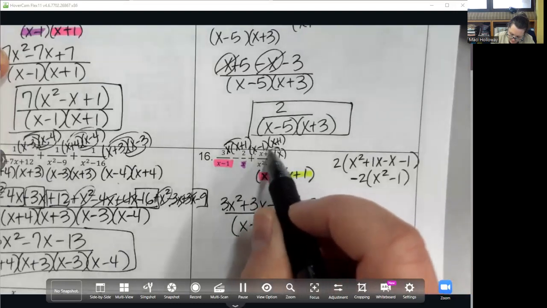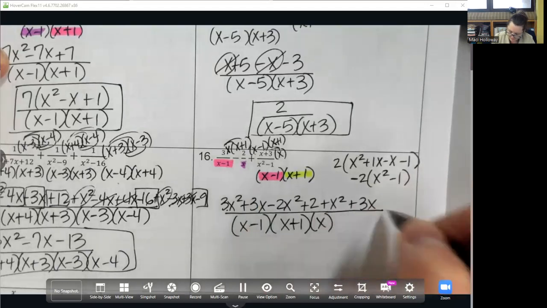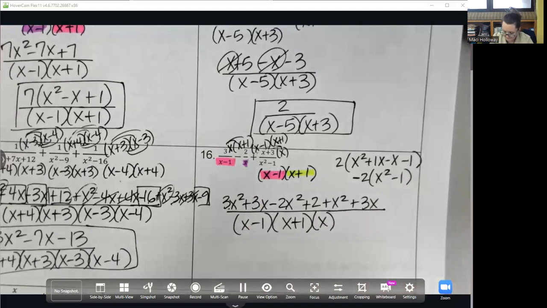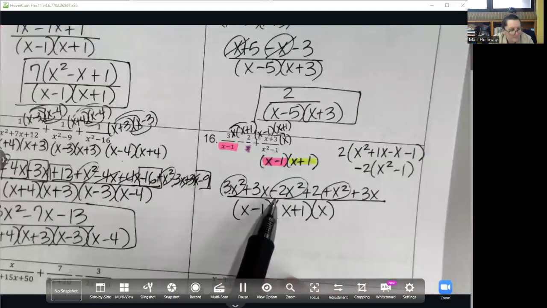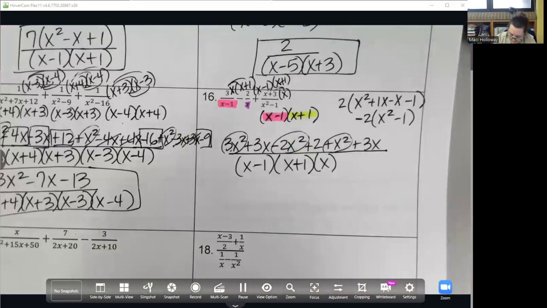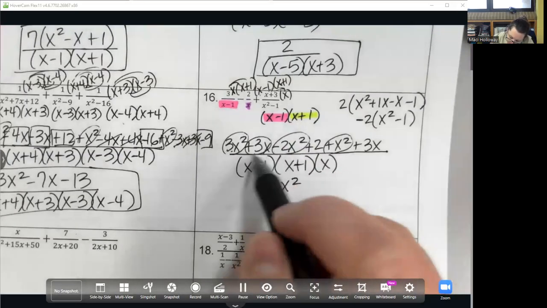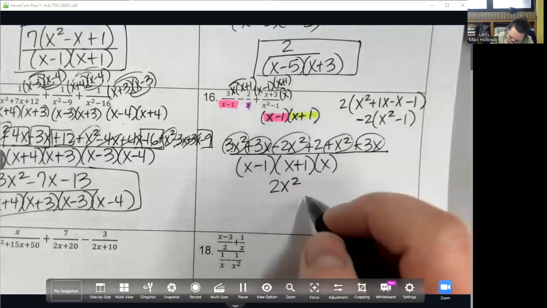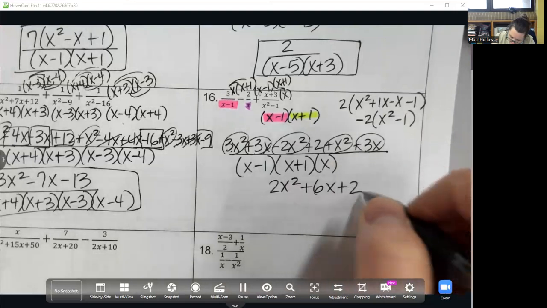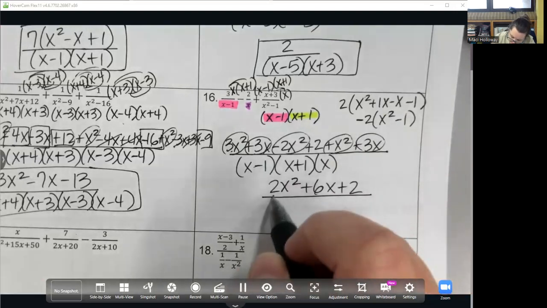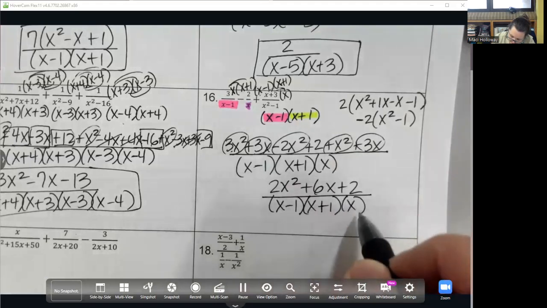And then we distribute our x here, plus x squared plus 3x. Okay, combine like terms. Here we go. All right, so 3 minus 2 is 1. 1 plus 1, 2x squared. All right, then we have our x's, 3 plus 3, 6x. We have our 2 on the end. And our common denominator, x minus 1, x plus 1, and x.